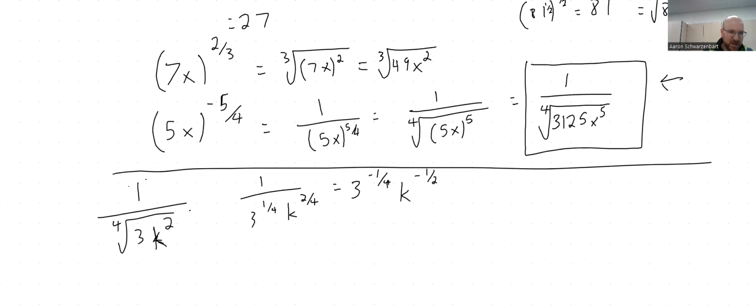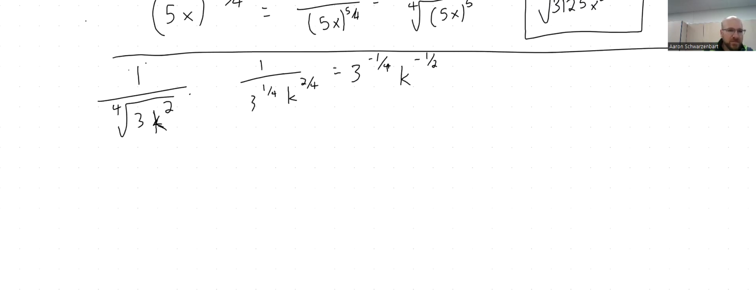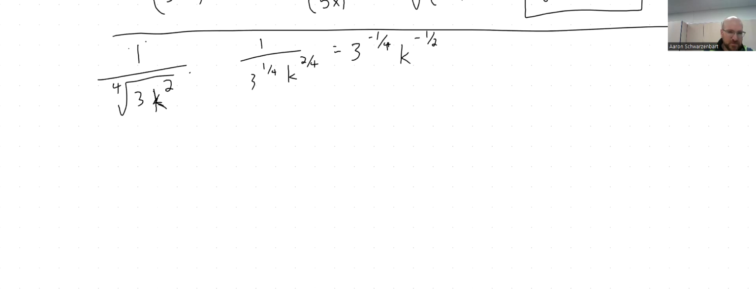Sometimes we will have to apply some of our exponent rules as well. So the first rule I need to do is apply this -1/7 power to both of them.